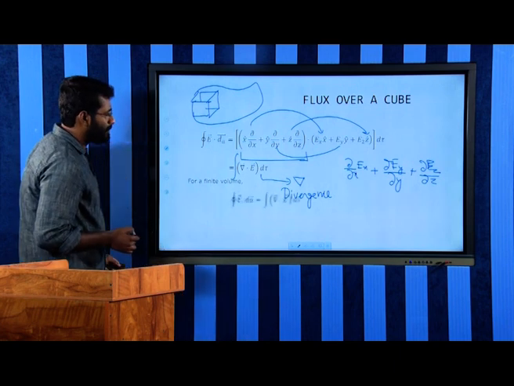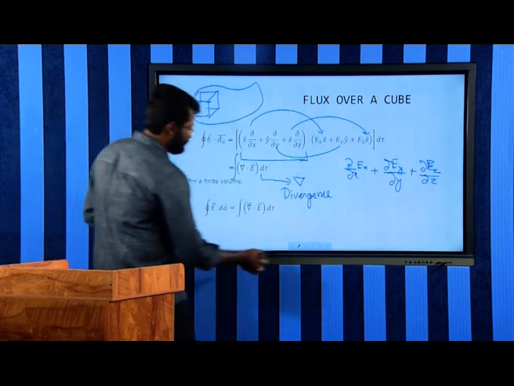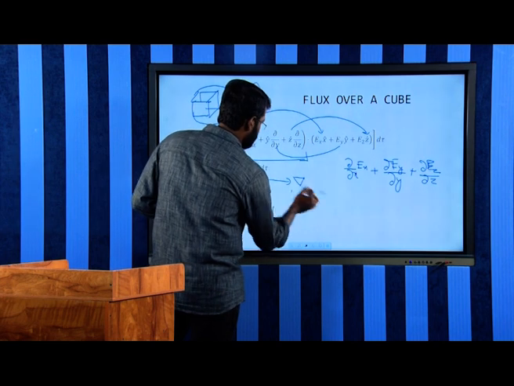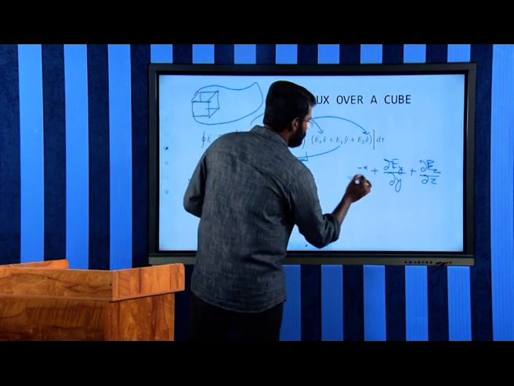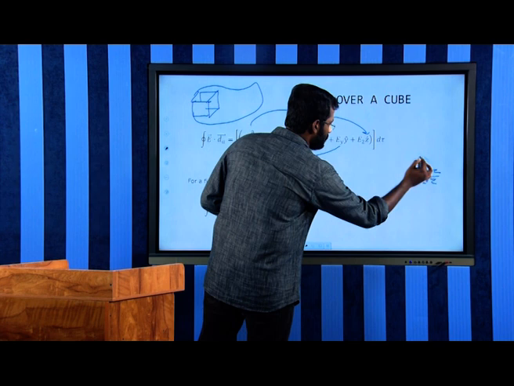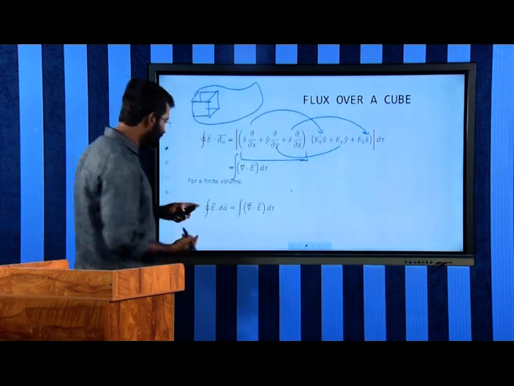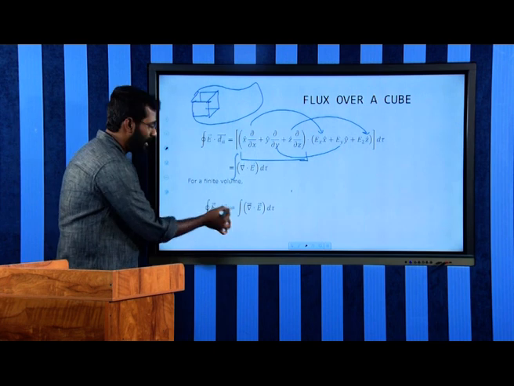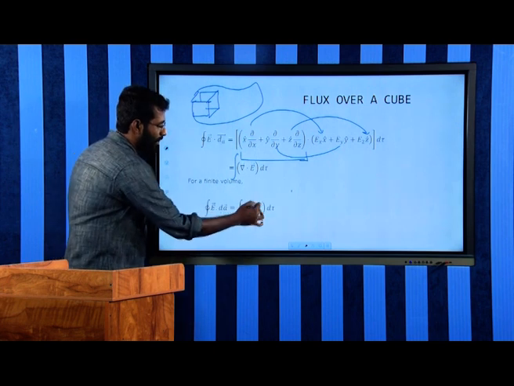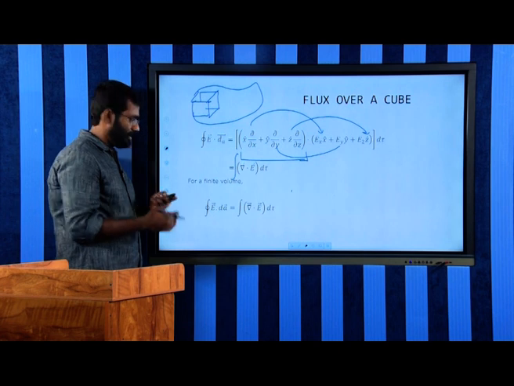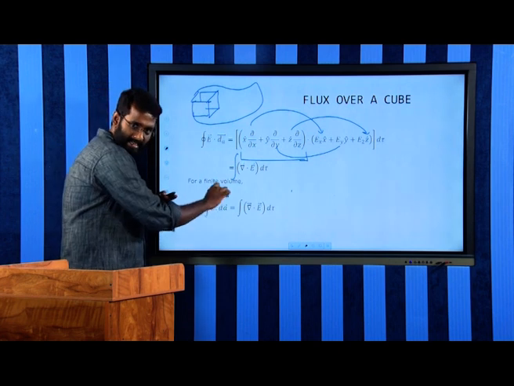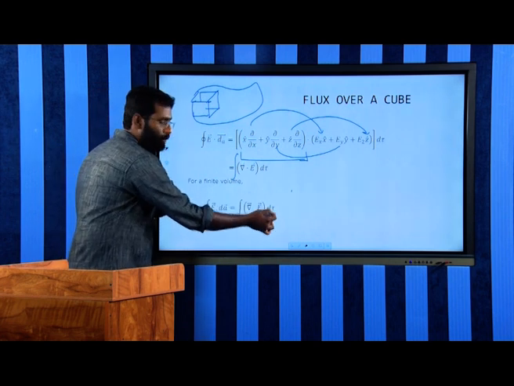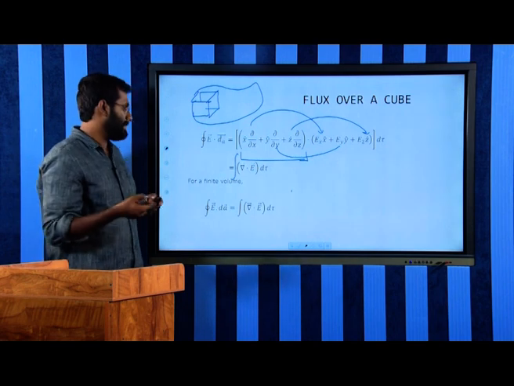Okay. And this particular law, so before that let me write it down. Here we are connecting a surface integral and a volume integral together. Here the integral is over an area, and this denotes that it is over a volume.